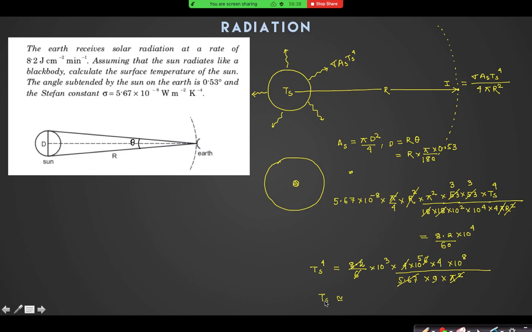So I think Ts is approximately 4 by 9 to the power 1 by 4, which is root 2 by root 3 into T power 16, meaning 10 power 4, right? That much Kelvin can be the temperature of the sun, right? Approximately, if you calculate this one, near about 8,000 Kelvin. Root 2 by root 3 is how much?